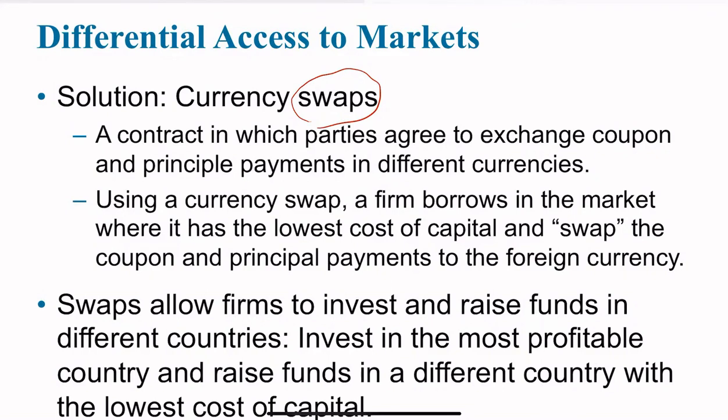This basically means in a currency swap, two firms agree to exchange coupon payments and principal payments in different currencies, right? So basically, currency swap means firms swapping different currencies.